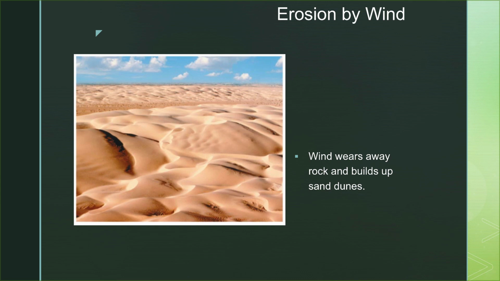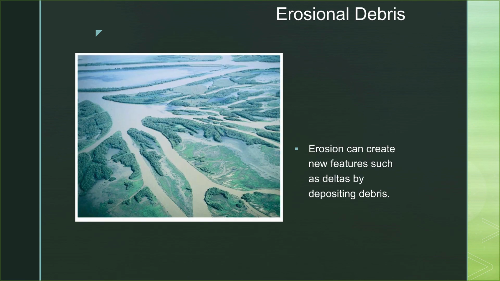Now, you can have some new features that are formed just from debris that's carried along by water or wind. For instance, you can see these deltas where deposited debris makes new features. So this can also happen.